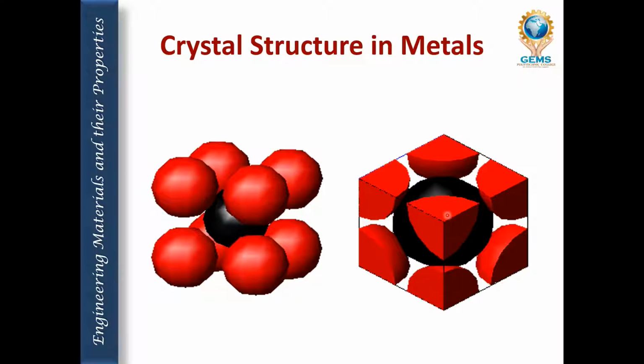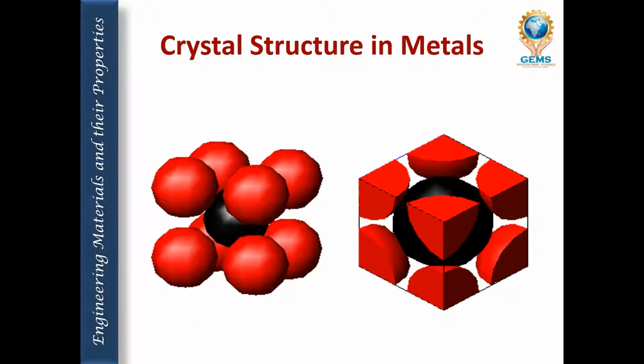See, you could see the atoms at the corners of the cube, which are not full atoms, only partially present. That means only a part is there, and the remaining part will be in the other cube. Only the center atom is complete. This black area is the center atom, and these red areas are the atoms on the corners of the cubes. This 3D structure can clearly show you that. Let me show you with a pencil.